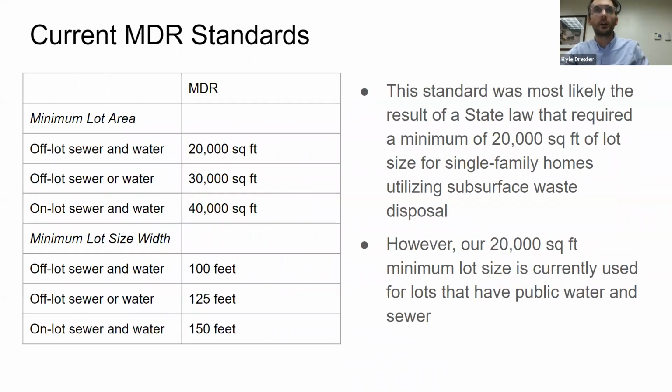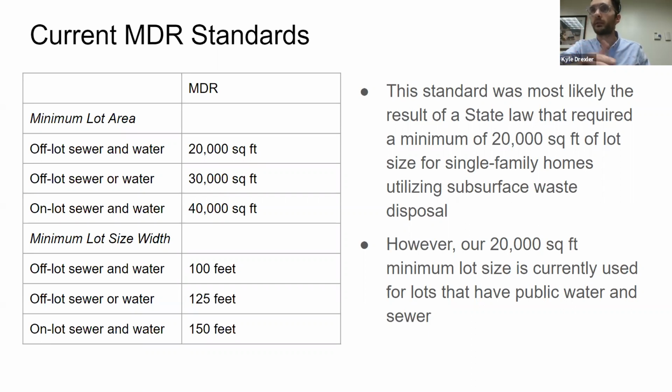So if we look at our current standards for dimensional requirements in the MDR district, for minimum lot area, all our dimensional standards for zoning districts are broken down into 3 categories. You have those lots with off-lot sewer and water, which would be public utilities, where you're receiving town sewer and water.